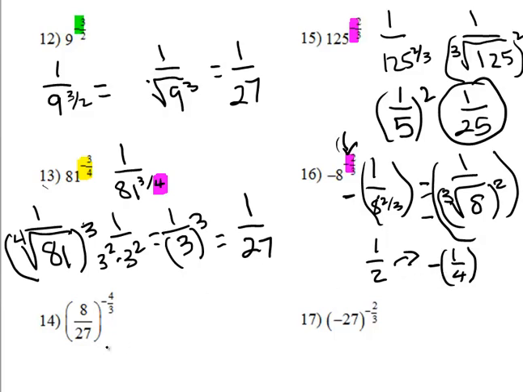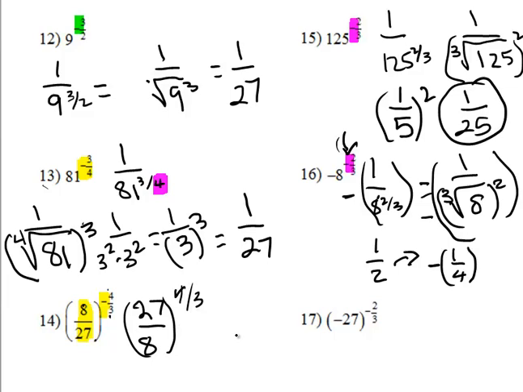So here, this is a little bit different than we've seen before. Because the base is a fraction and it's in parentheses, this will distribute all the way across. The first thing I'm going to do is look at that negative exponent, and it says make me a reciprocal. And the me it's talking about is 8/27. So if I make that a reciprocal, it's not 1 over, it's the opposite. I'm turning it over. So it's 27/8 to the 4/3.